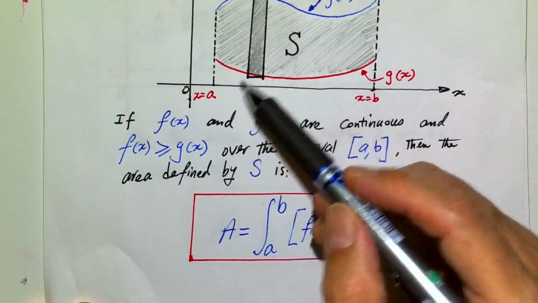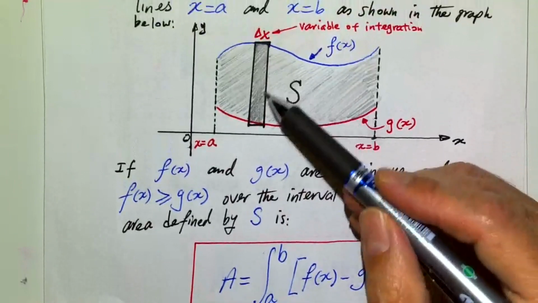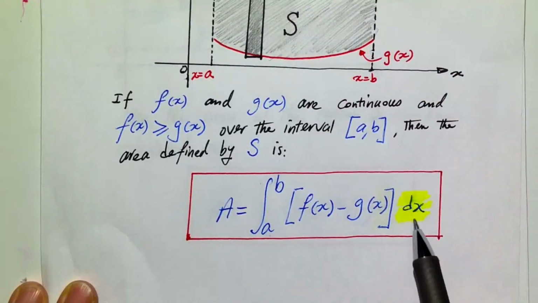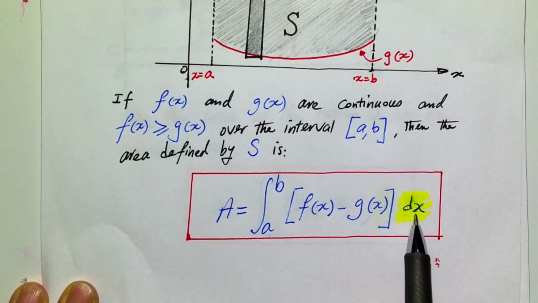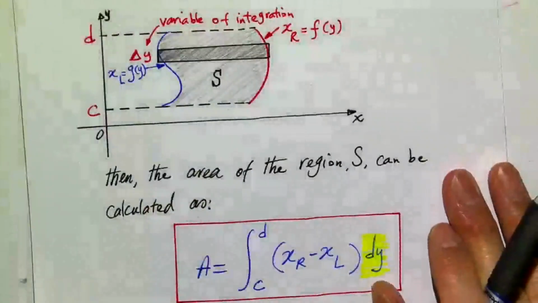We want the area captured between f of x and g of x, and that's the way to achieve that. And of course, integration is happening along the x-axis, so we have dx here. All right, so that's one case.